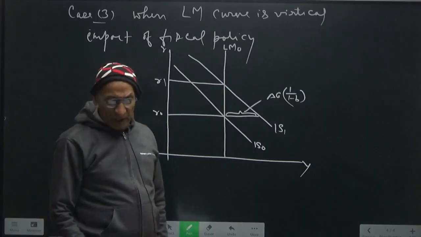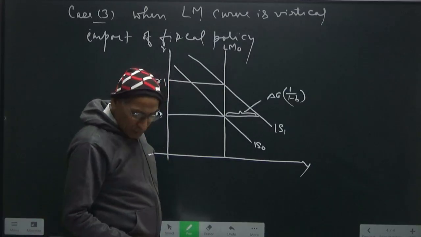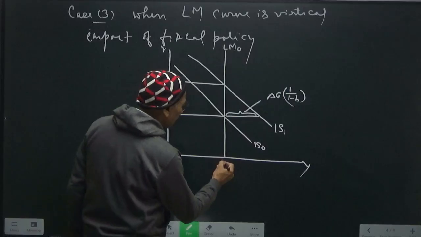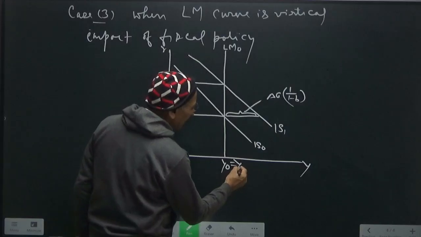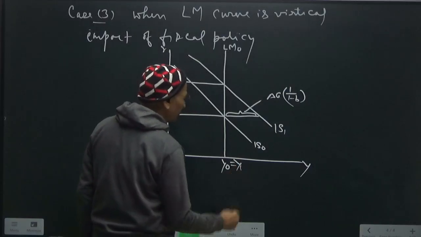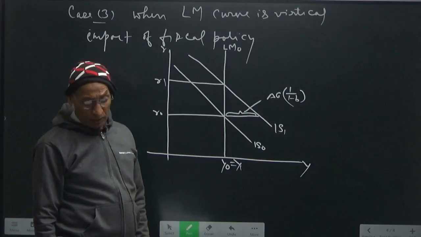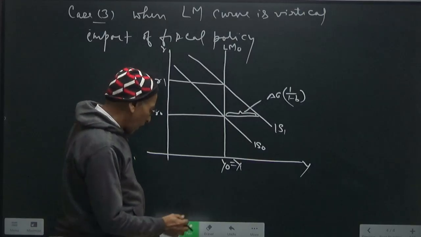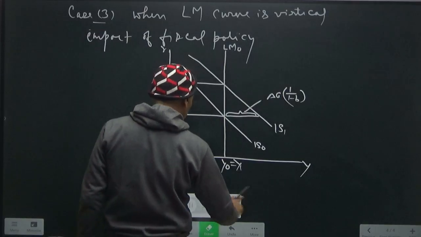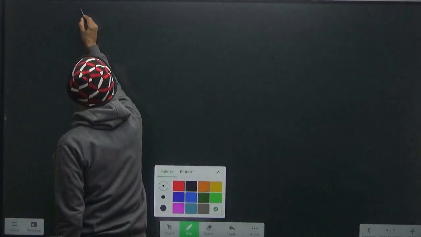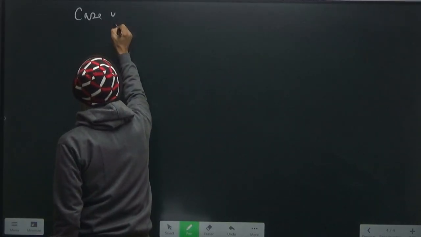What will be its impact? The impact will be that the rate of interest will increase only and income will not increase. Income will not increase at all. Okay? And now the fourth case is case 4.